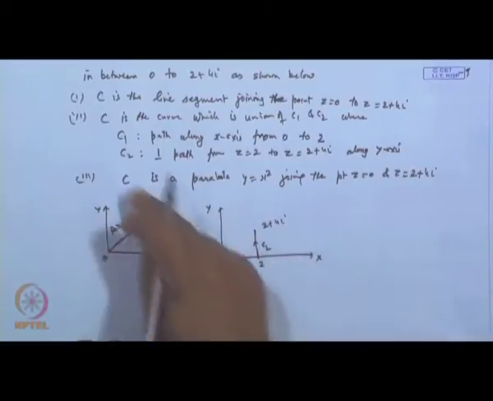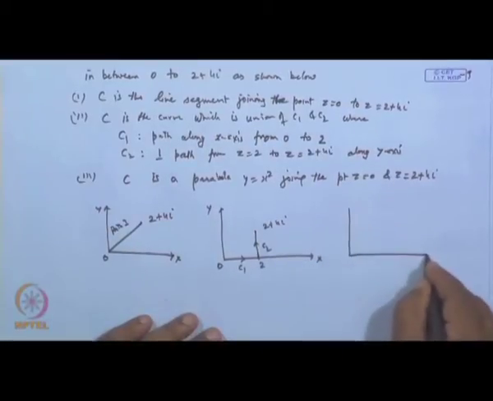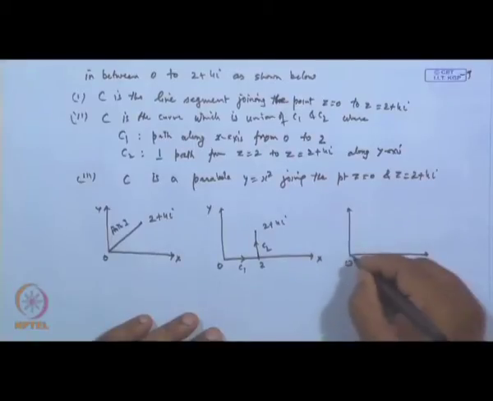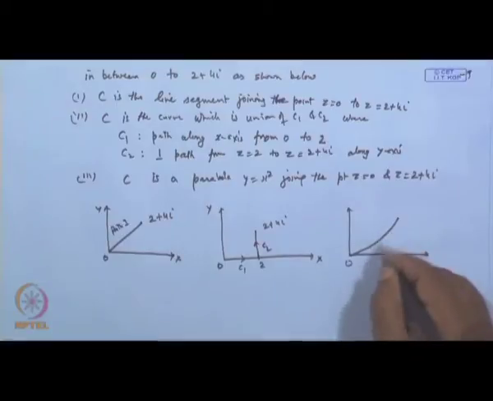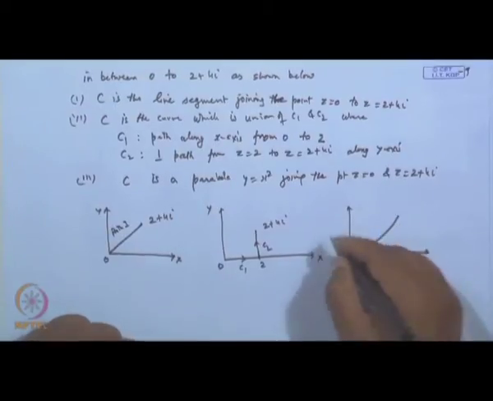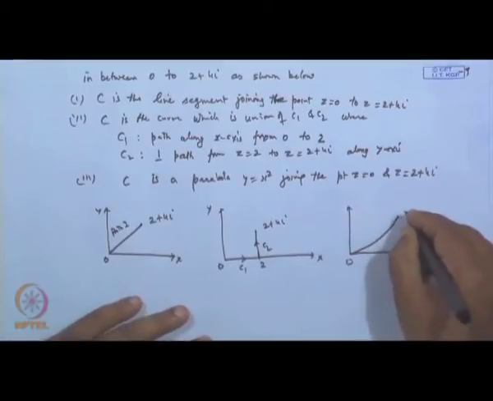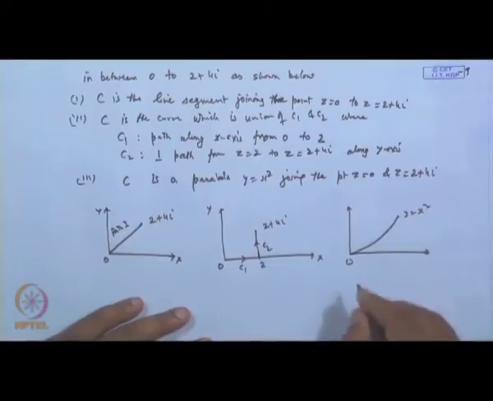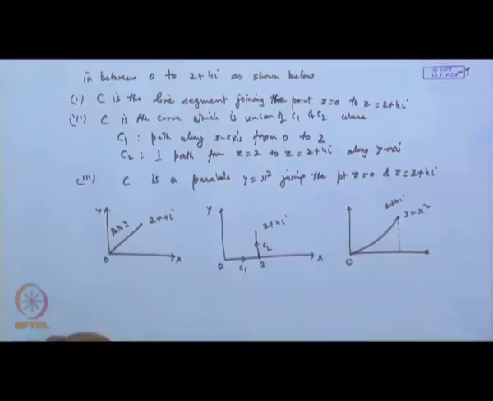So, C1 union C2 gives C, and the third path is y equal to x square, a parabola, from 0 to 2 plus 4i.